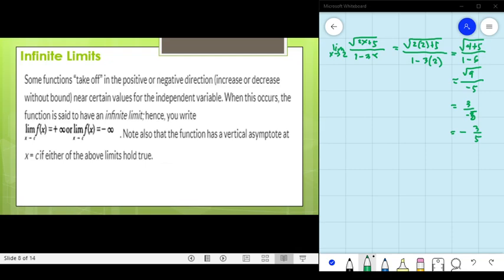Note also that the function has a vertical asymptote at x equals c if either of the above limits holds true.